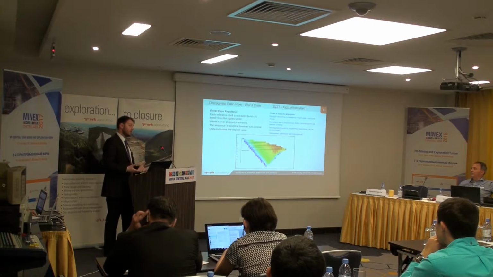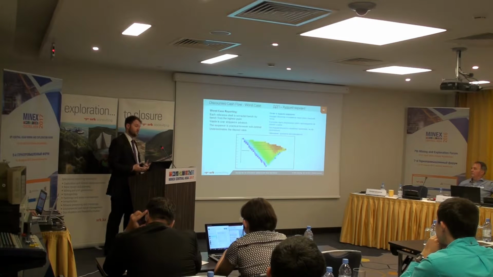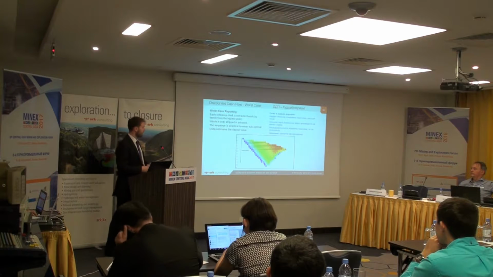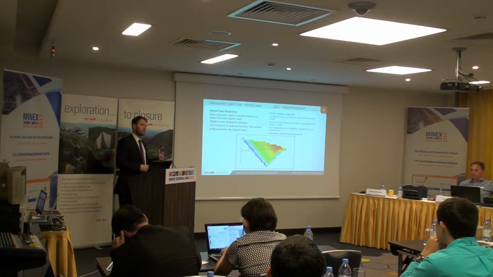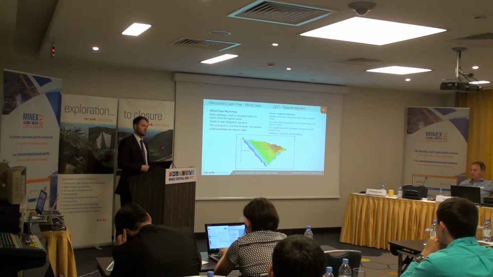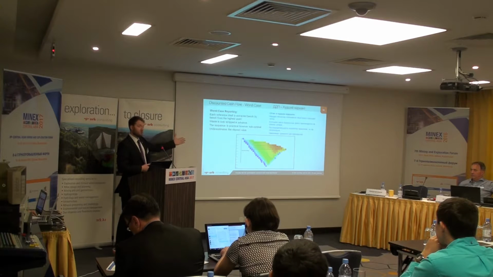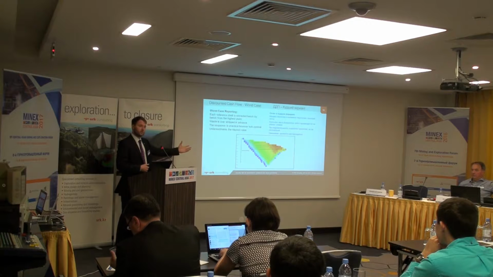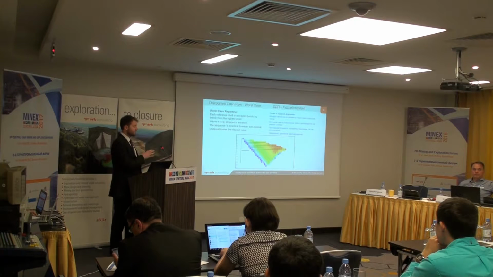This does not allow the deferral of waste stripping and does not specifically target the highest value part of the deposit first. Now this normally underestimates the value of a project because it mines lower value material at the same time as higher value. But this option is practical.